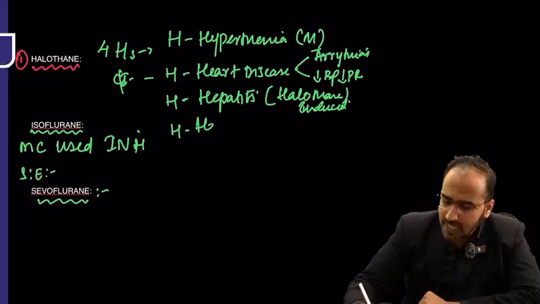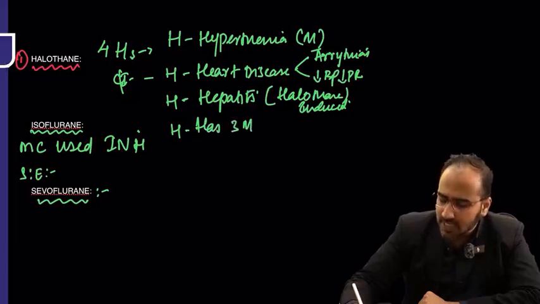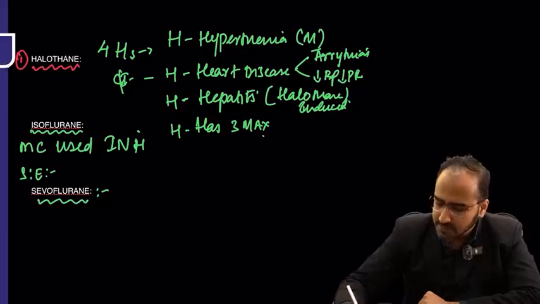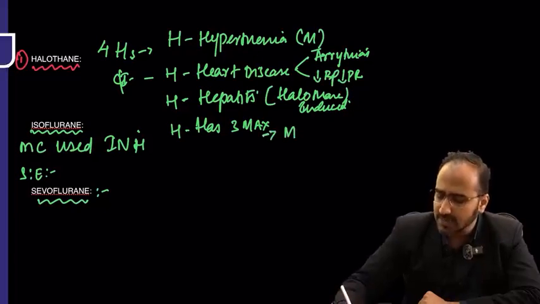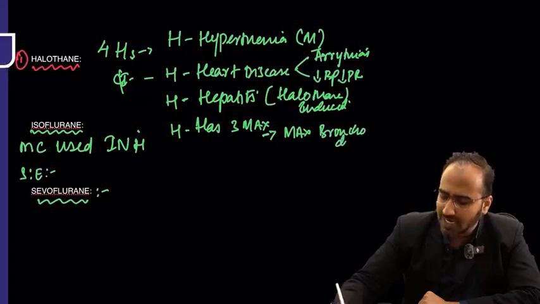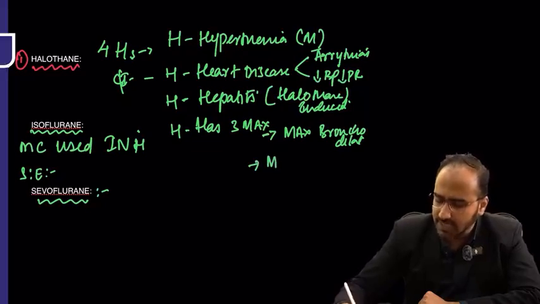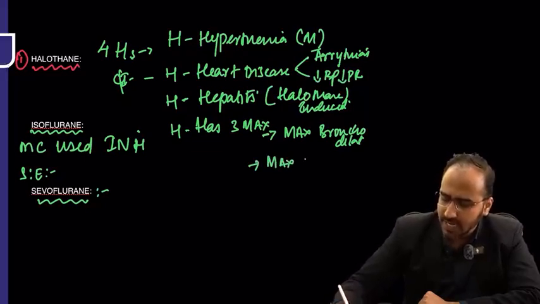Last is what, guys? Halothane has 3 maximums. What 3 maximums, guys? The first maximum is what? Halothane has maximum bronchodilation. Second maximum is maximum muscle relaxation.